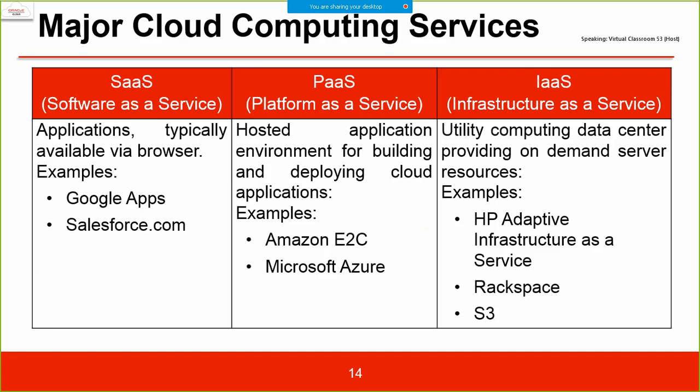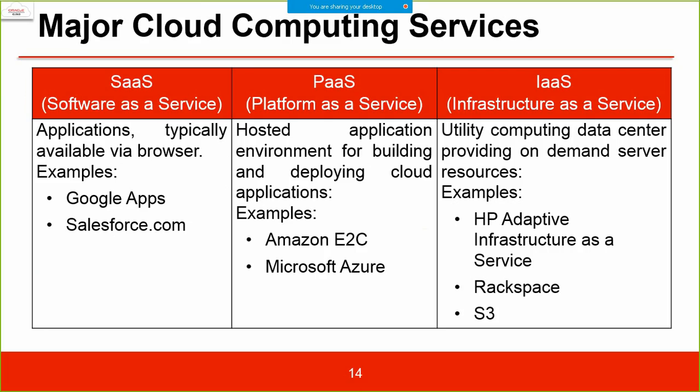Okay. Now we have major cloud computing services. We have SaaS, PaaS, and IaaS. In fact, we have more, like database as a service. Whatever can be offered as a service is actually a service of cloud.